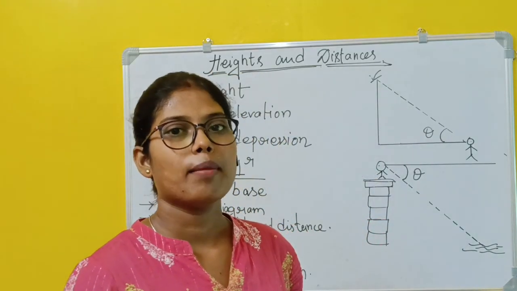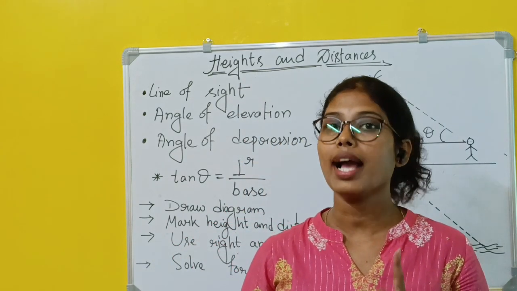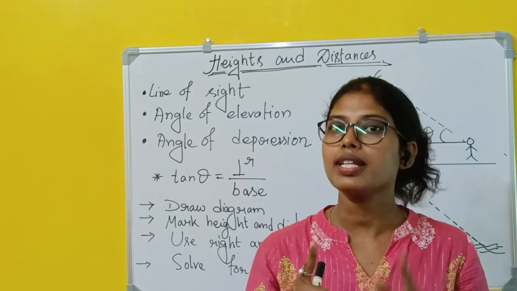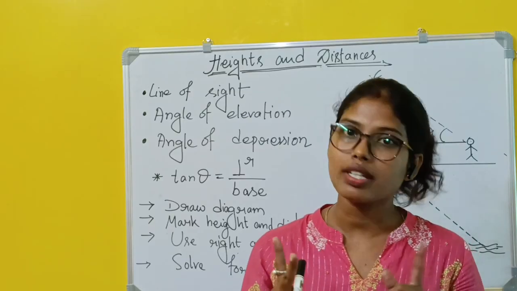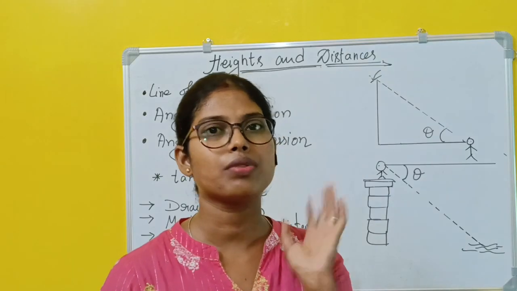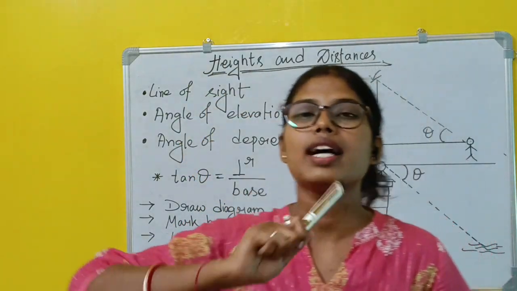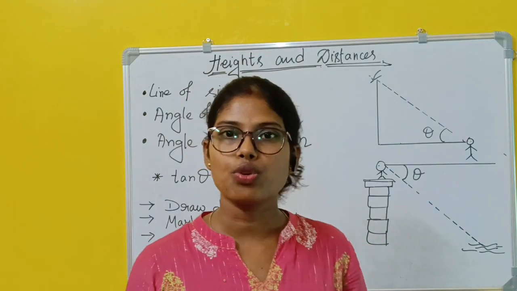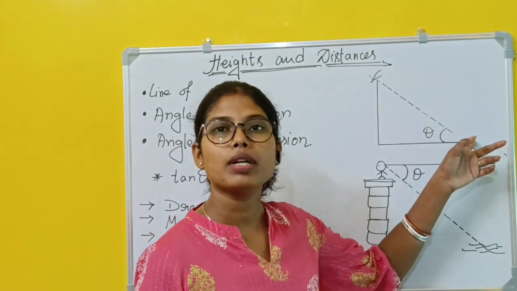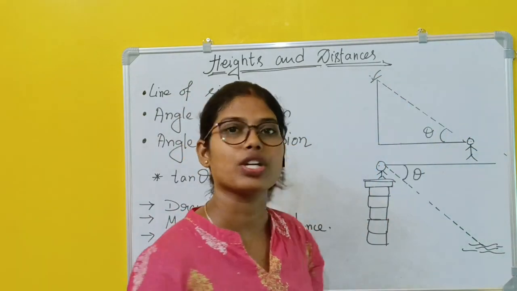The first thing we have to clear here is what is called the line of sight. We have to focus on three things: line of sight, angle of elevation if there, angle of depression if there, and we have to find the angle given. Line of sight is basically the line drawn from the eyesight of that particular person to the bird or to the object.